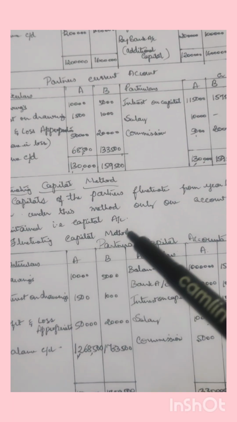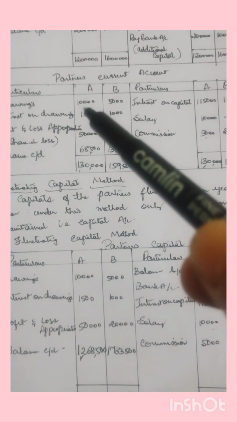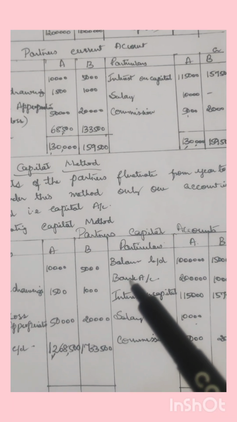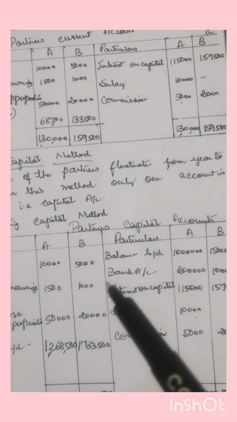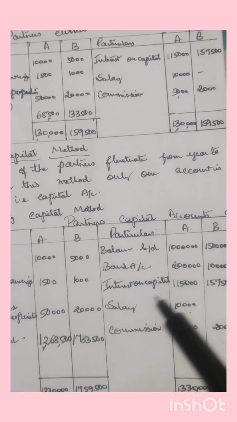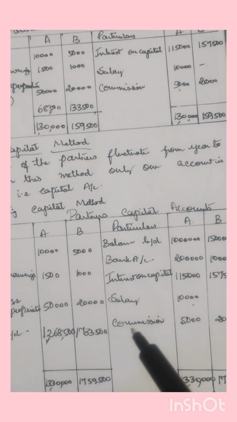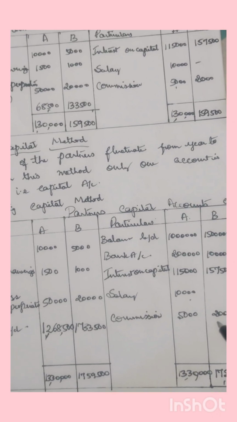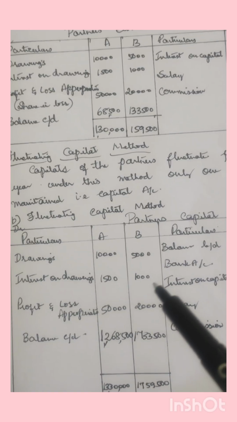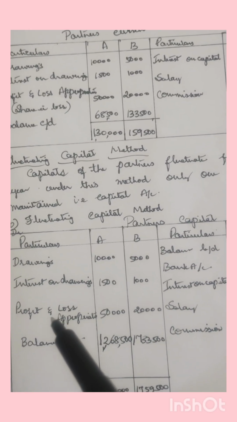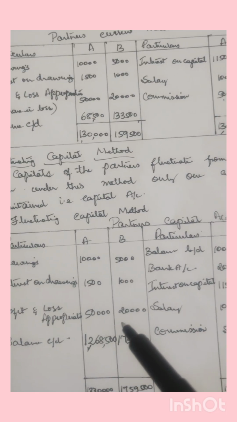So how do we prepare the partners' capital account under the fluctuating capital method? The fluctuating capital method is a combination of these two accounts. On the credit side, both partners' capital, then their additional capital, interest on their capital, salary paid to A, commission payable to A and B. On the debit side, their drawings, interest on their drawings, then the share of loss from the profit and loss appropriation account.